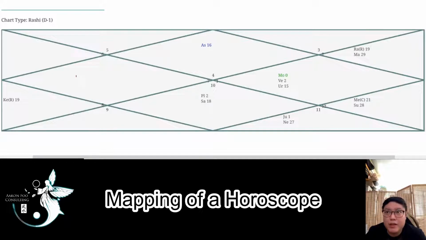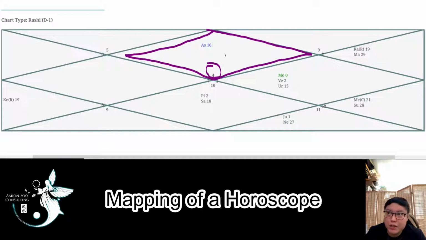Okay, so if you still recall, in the previous video we talked about how each house here is taken up by a constellation. So this one is constellation 4, it belongs to Cancer, and the ruler is the moon. So the moon is the lord of Cancer. So we can say that this ascendant is rising in Cancer.